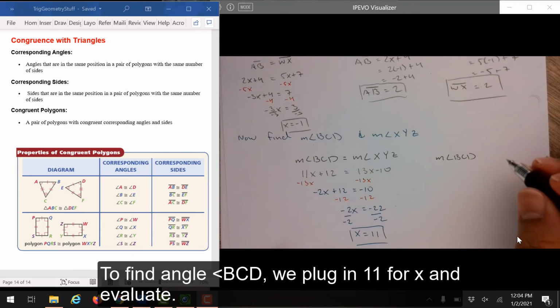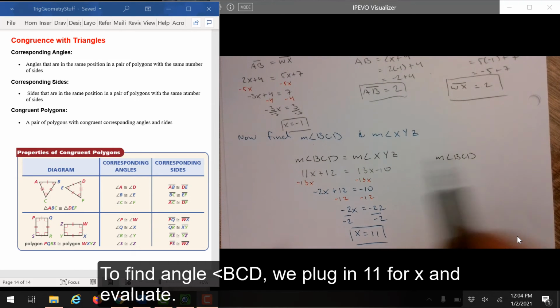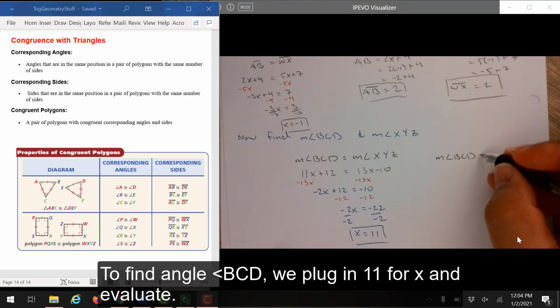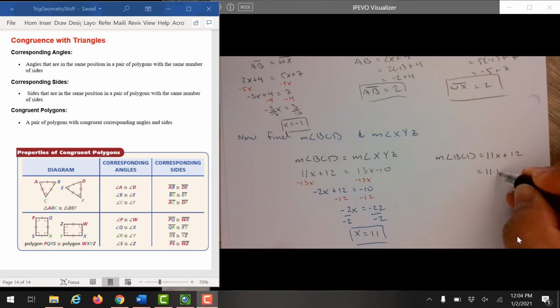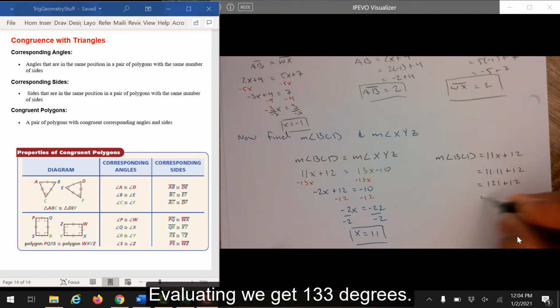To find angle BCD, we plug in 11 for x and evaluate. Evaluating, we get 133 degrees.